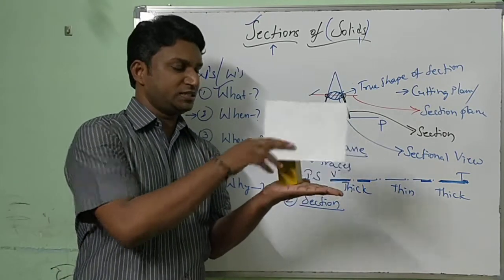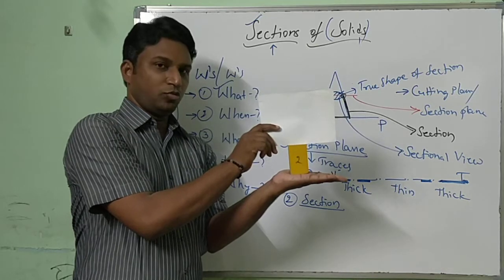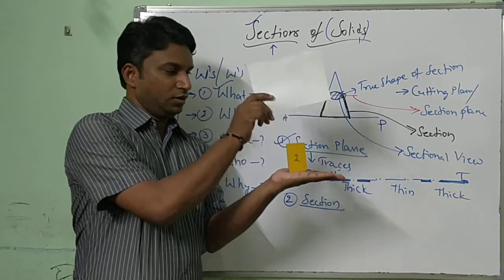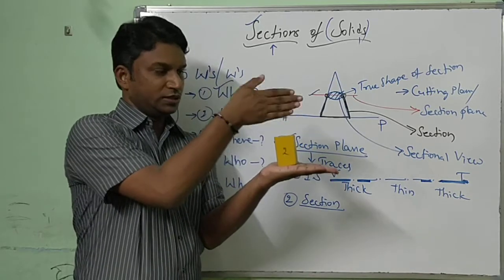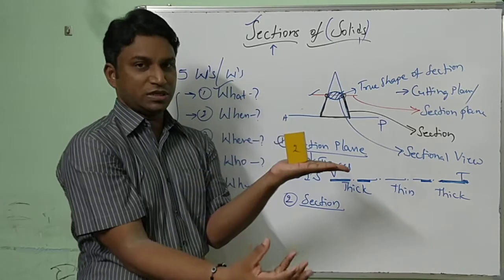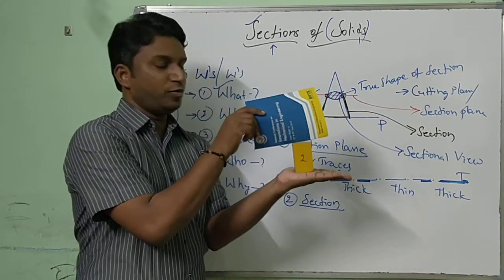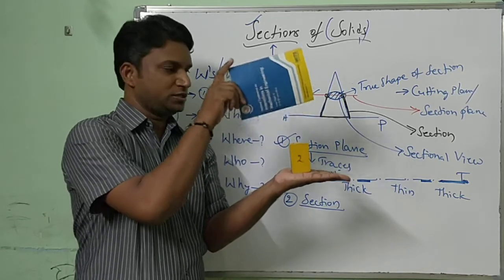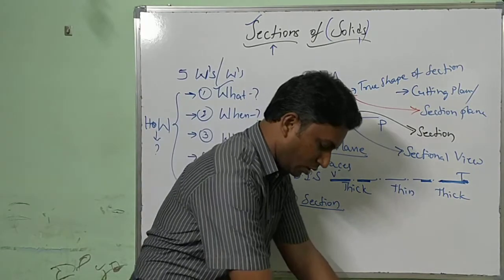See, if I take this square and cut it vertically with the help of a vertical plane, it will divide it into two parts like this. So what happens when half the portion is removed like this? In the remaining half portion, whatever points are cut, that entire part is called the section.